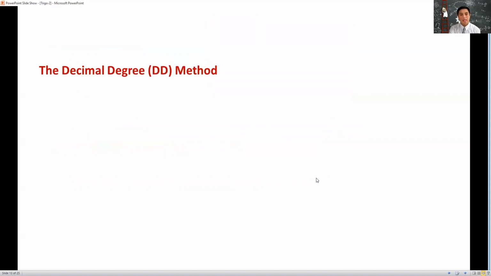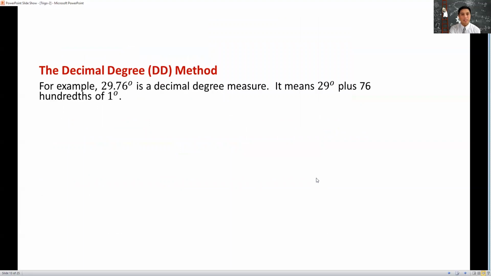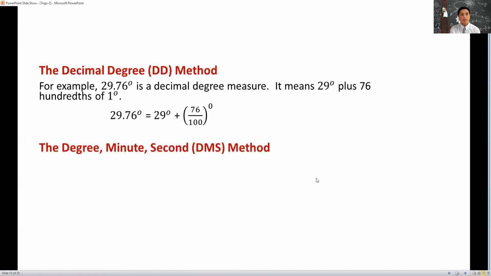So let us now study the decimal degree method, or DD. For example, 29.76 degrees. This angle measurement is written in decimal degree form. It means 29 degrees plus 76 hundredths of 1 degree, or 0.76, or that is 76 over 100 of 1 degree. And let's have an example also of the degree minute second method.